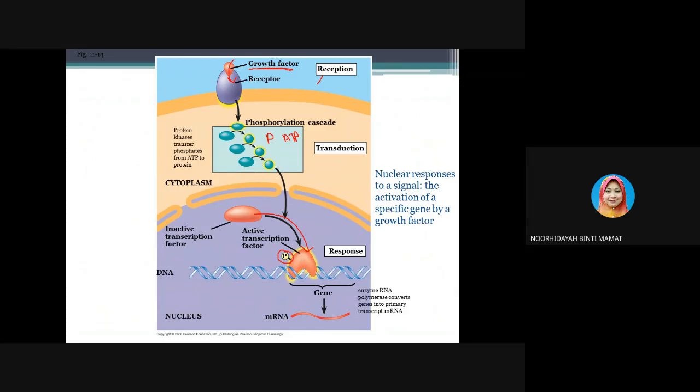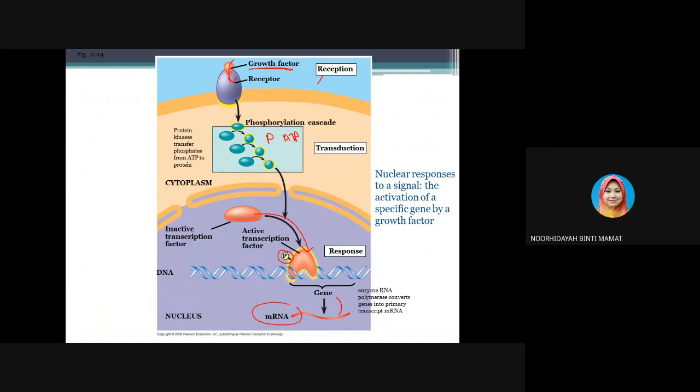So it will give a response in the nucleus. It will bind to the DNA in the nucleus and give a response in terms of mRNA. The enzyme RNA polymerase will convert the gene in the DNA into a primary transcript of mRNA.